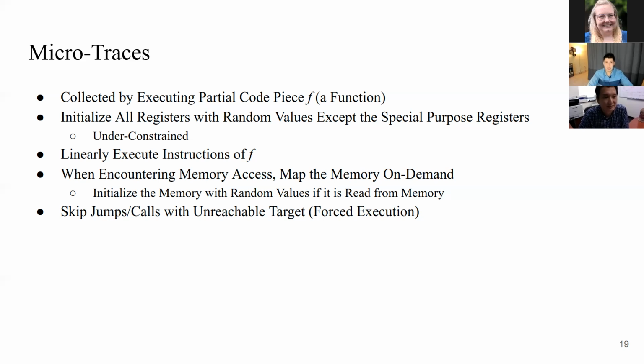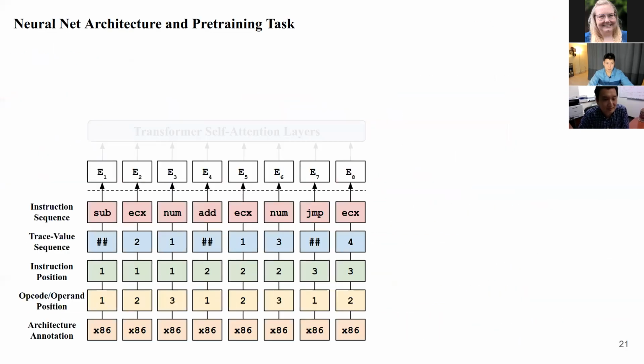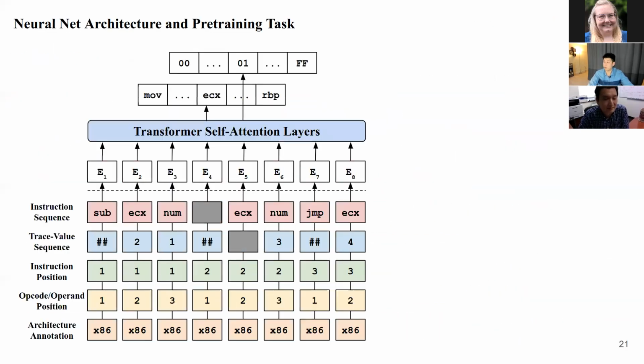But for difficult downstream analysis tasks like type inference, which I will describe later, like you said, the control flow becomes very important. That's why in the micro-execution trace collection, we did collect the control flow information and also forced the model to predict not only the data flow, but also the control flow.